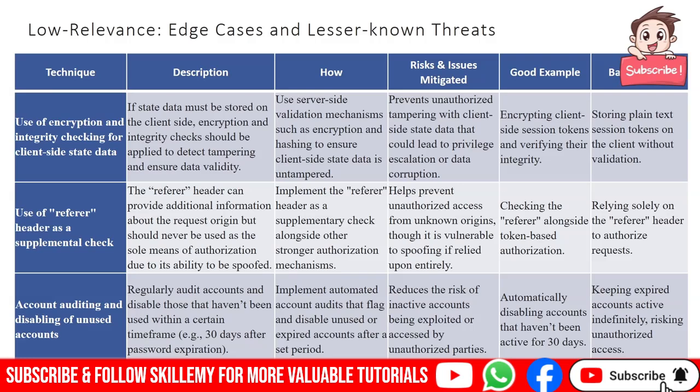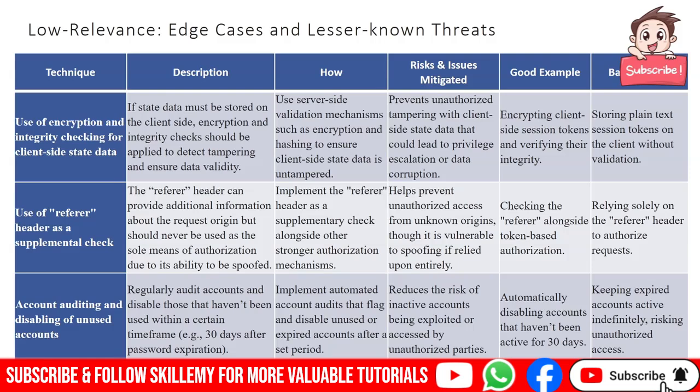Moving on, we have the use of the referrer header as a supplemental check. The referrer header, which shows the origin of the request, can be used to help validate whether a request is legitimate. However, it's important to understand that this header can be easily spoofed and should never be used as the sole method of authorization.